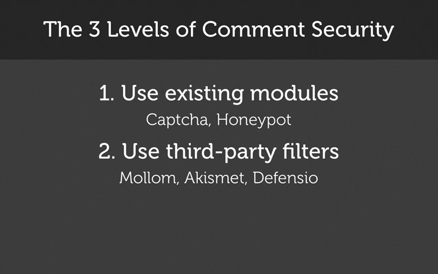The idea behind those is that when somebody enters a comment, it goes to a server that runs through a bunch of tests with the content, and then it returns a response to your site that says, hey, this is good, or this is not good, or this is questionable.